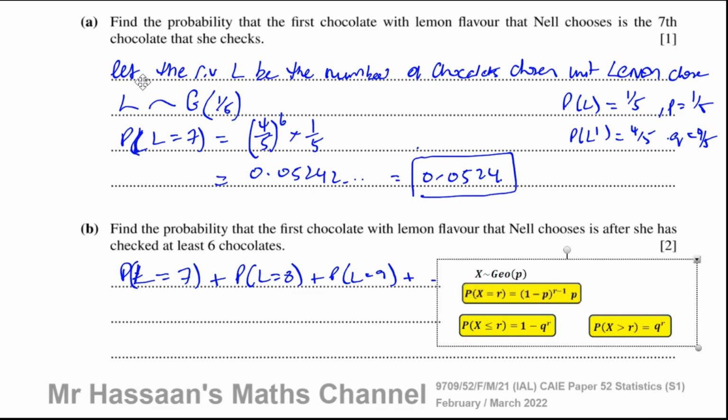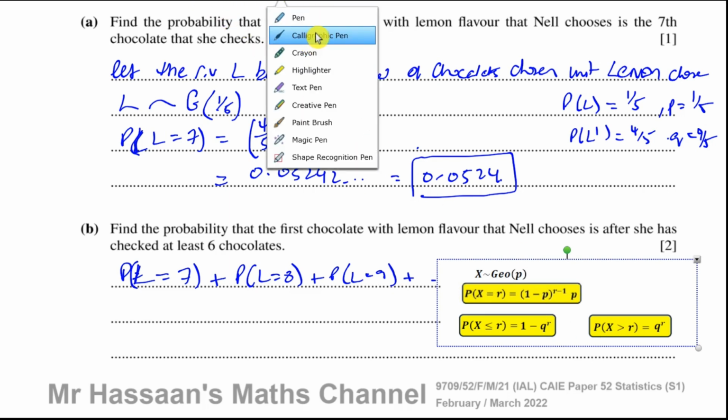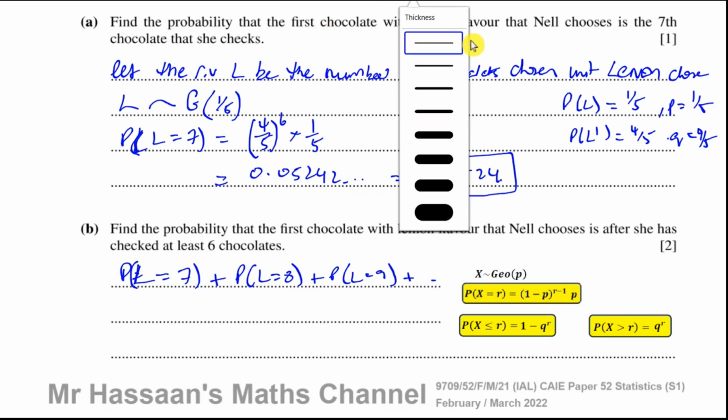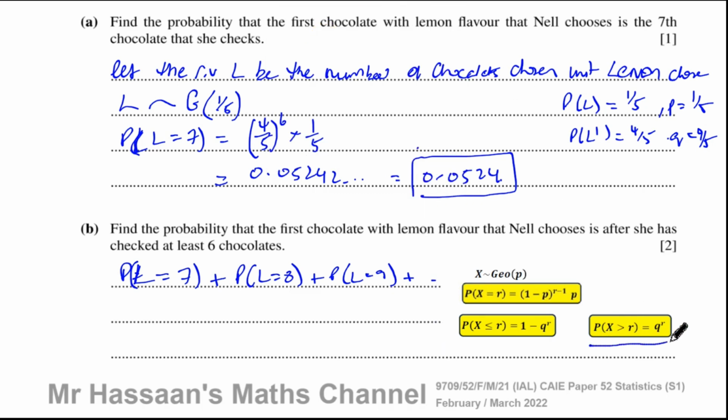The probability that X is greater than r is equal to q to the power of r. Q means the probability of failure.